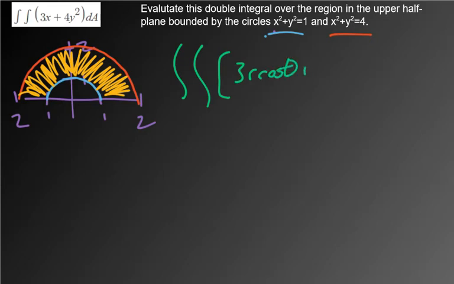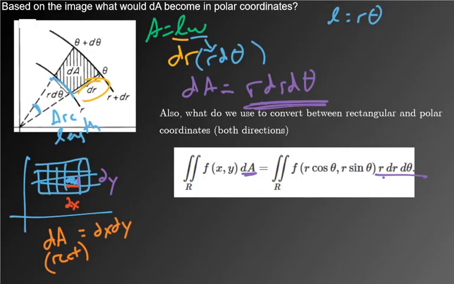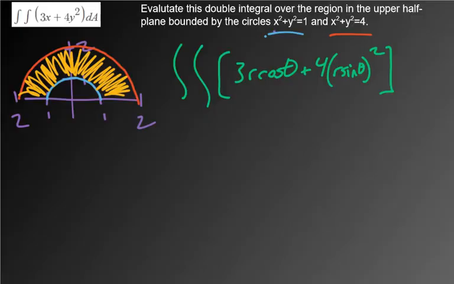And then plus 4y, where y is r sine theta, so r sine theta squared. And then dA, when we switch it, is going to become r dr d theta.